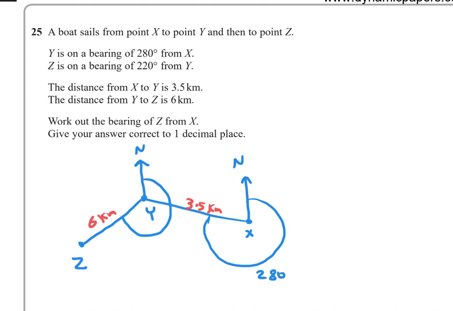Work out the bearing of Z from X. We need to find the bearing of Z from X, so we need to join ZX first. Then we need to find this bearing.